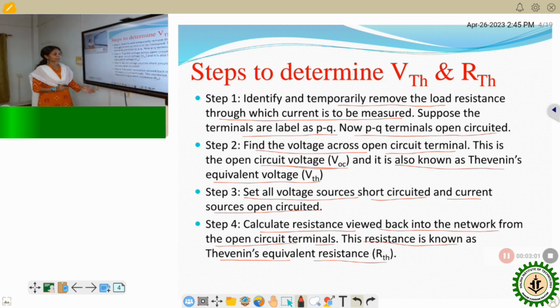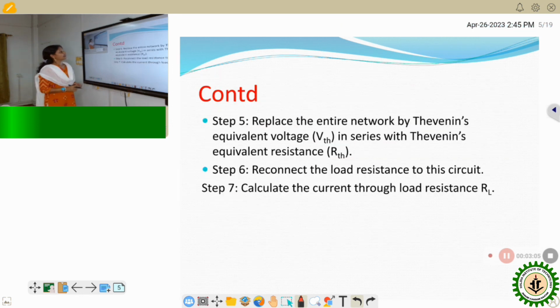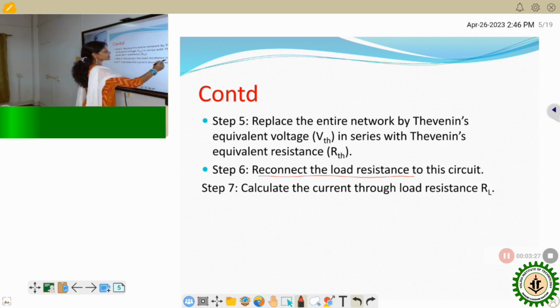Okay. So after calculating RTH, replace the entire network by the Thevenin's equivalent, that means VTH and RTH. That means the Thevenin equivalent circuit having one voltage source in series with a resistance, that is RTH. After redrawing this Thevenin equivalent circuit, reconnect the load resistance RL to this circuit.